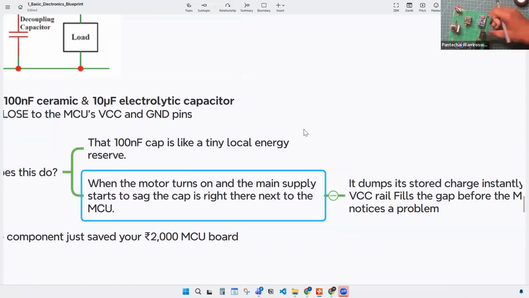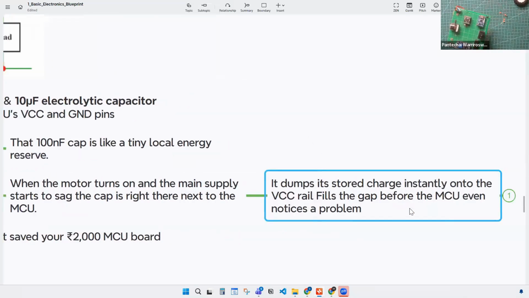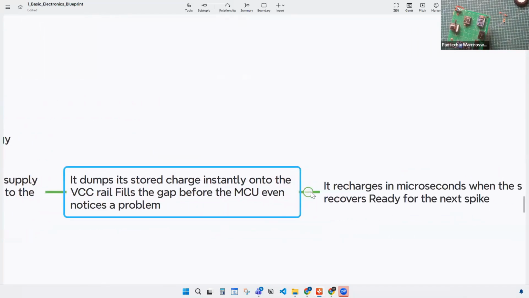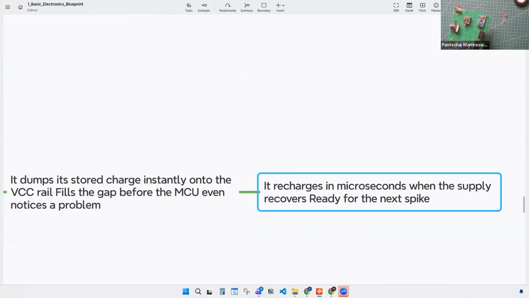Whenever the motor runs, the main supply is going to turn on and it is going to sag, and the cap right next to the microcontroller is going to dump its stored charge instantly onto the VCC rail, filling the gap before the microcontroller even notices its problem. It recharges in a microsecond when the supply recovers, ready for the next spike.